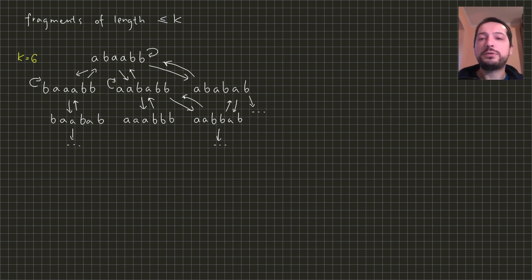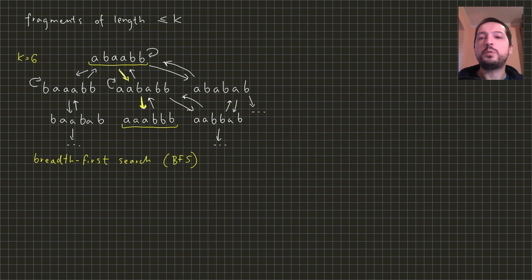Now our task is to find a shortest path in this graph, starting from the initial vertex corresponding to the initial fragment and ending in some vertex corresponding to a fragment with 3 consecutive A's and 3 consecutive B's. The length of this shortest path will be the minimal number of swaps needed to produce a desired result.